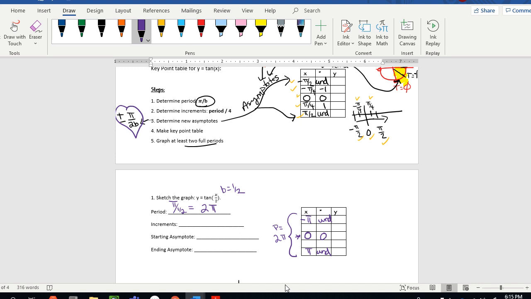Your starting asymptote, if you go pi divided by, and it's plus and minus, 2 times b, which is 1/2. Wait a minute, what's 2 times 1/2? It is 1. It's pi over 1. So the starting asymptote is negative pi. The ending asymptote is positive pi. So this is that plus or minus pi giving you this answer and that answer.